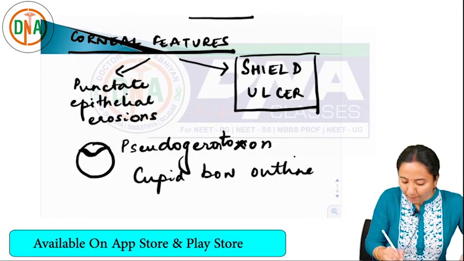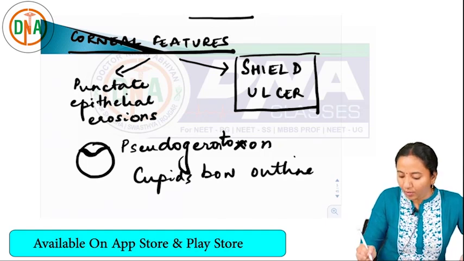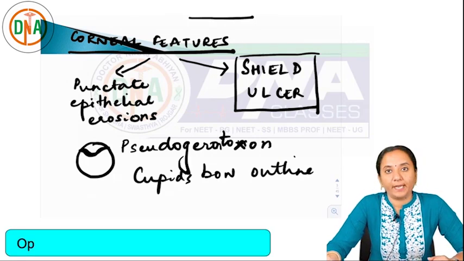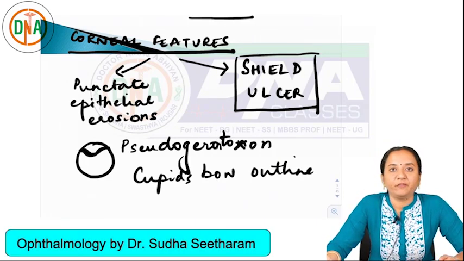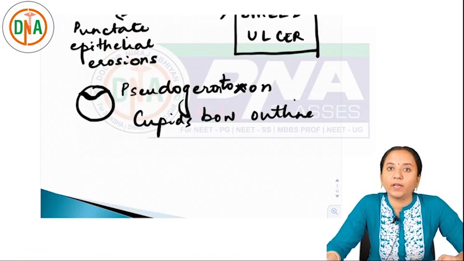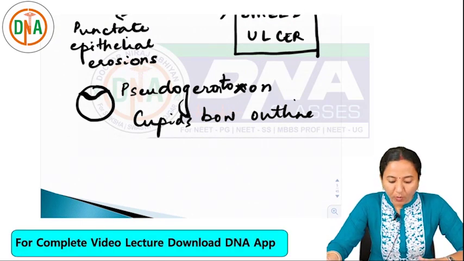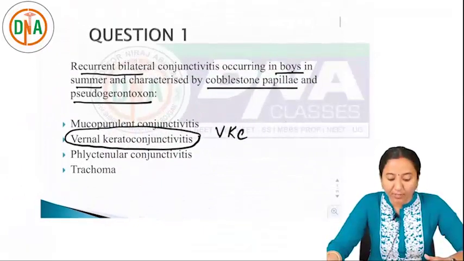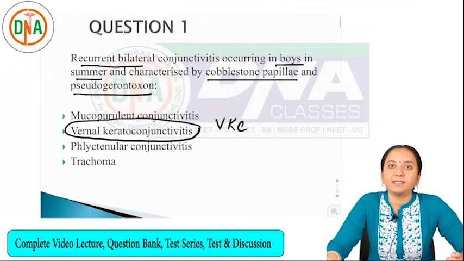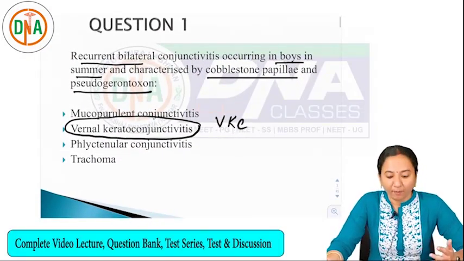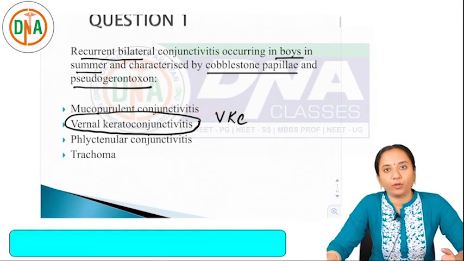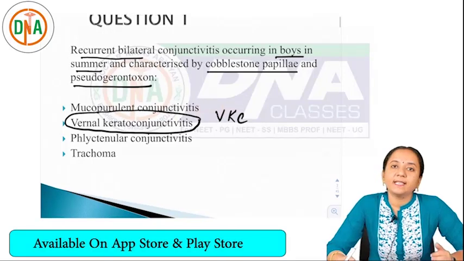So these are the clinical features of VKC, vernal keratoconjunctivitis. If I go back to the question, all these are mentioned in it: a recurrent conjunctivitis happening in summer, seen in boys and characterized by cobblestone papillae and pseudogerontoxon.